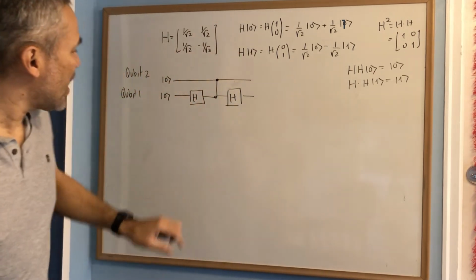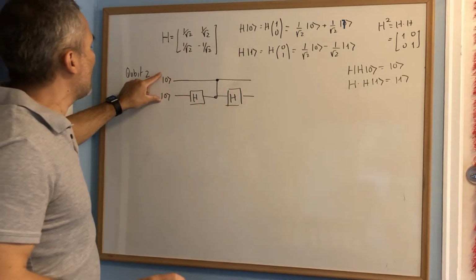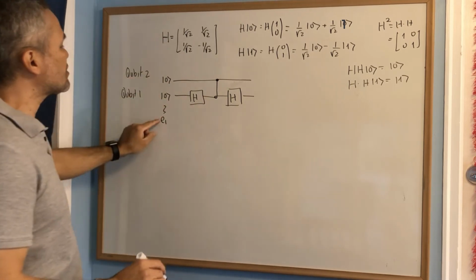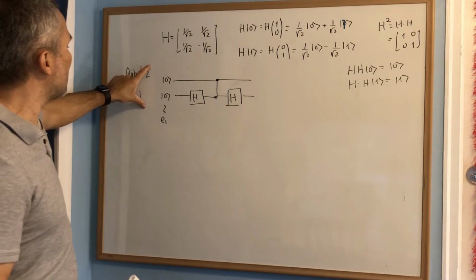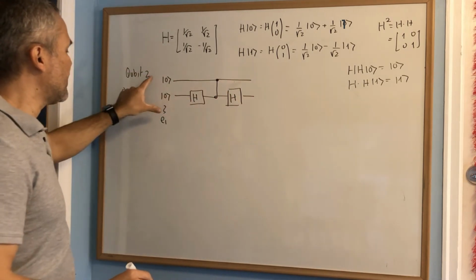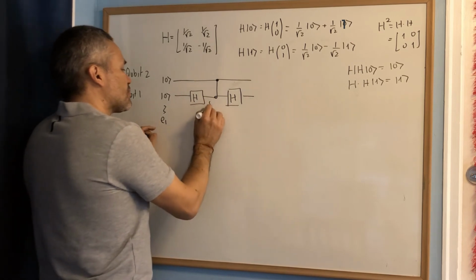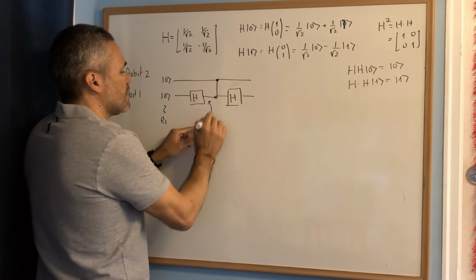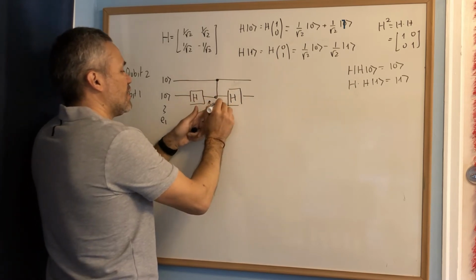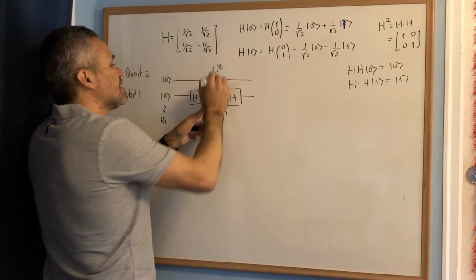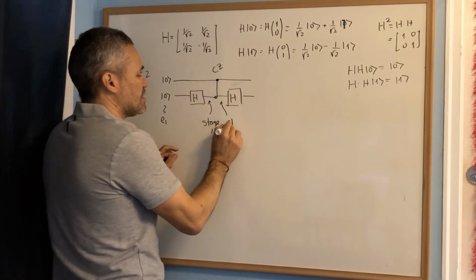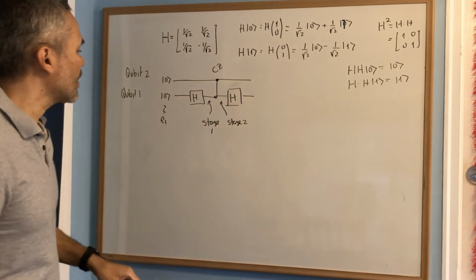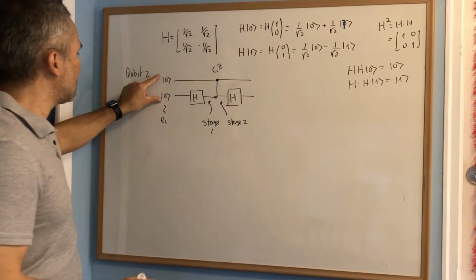Okay, then we need to keep track of what happened. We're trying to find out the first column of the 4x4 matrix that is represented by this circuit. In order to do that, I'm going to keep track here. Let's call this stage 1. When it goes through the CZ, remember this is the CZ gate, this is stage 2, and then the final stage. Then we start here.